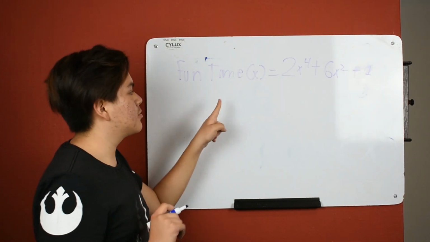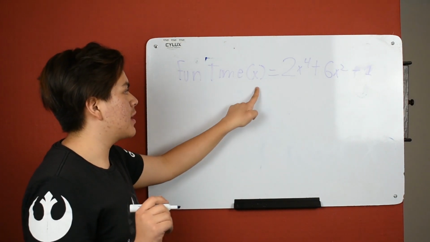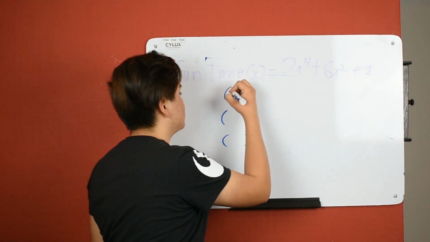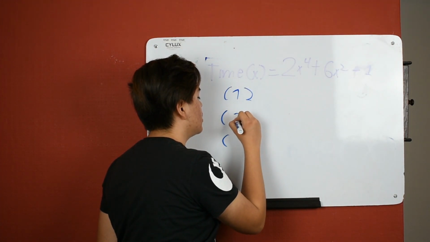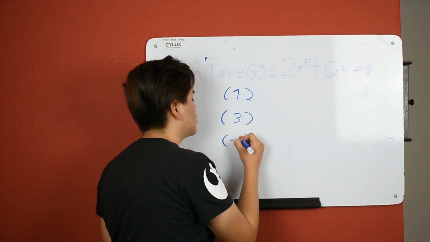This function needs to be resolved with what elements? So we need to replace the x. So in the first case, we have 1. In the second case, 3. And in the third case, minus 2.